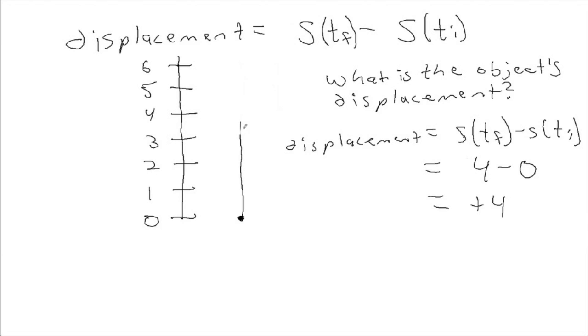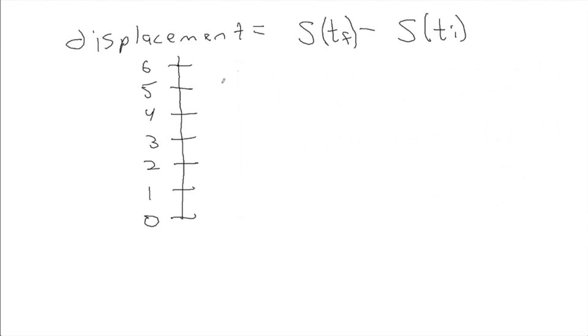So let me give you another example. So first we went from here to here, then we went from here to here.